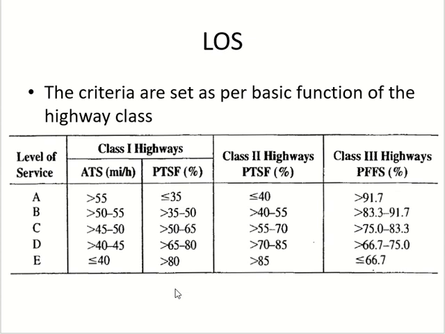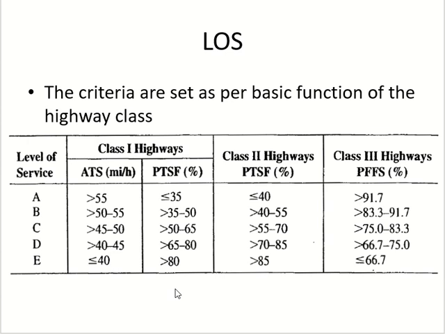For example, if I have class 3 highway, what is required? PFFS. PFFS is what? It's a ratio. Ratio of what? I just told you today as well and yesterday. Ratio of free flow speed and average travel speed, right?